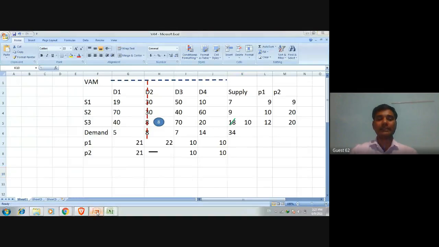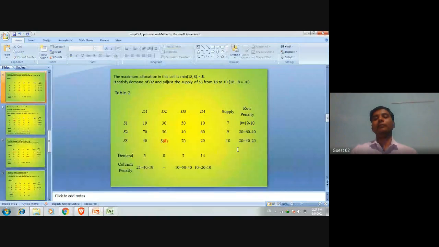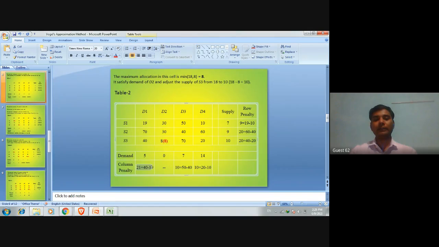Okay. So let us see in the PPT that I have already mentioned all these things. The penalties for the rows are 9, 20, 20. And for P2, that is 21, nothing for column D2, and for D3 10, and for D4 10. Now which penalty is maximum between the row and column penalties?